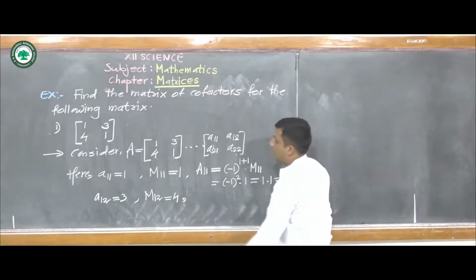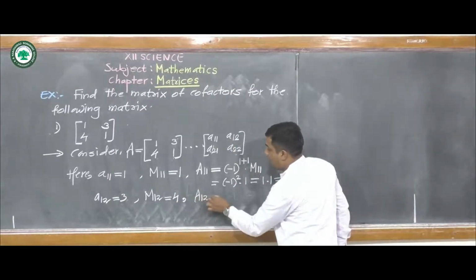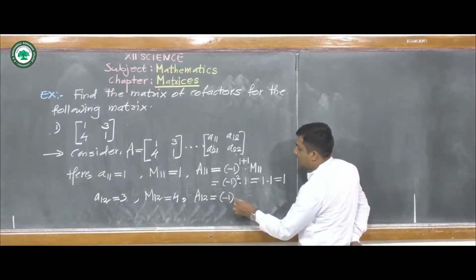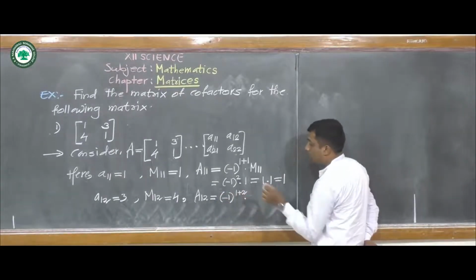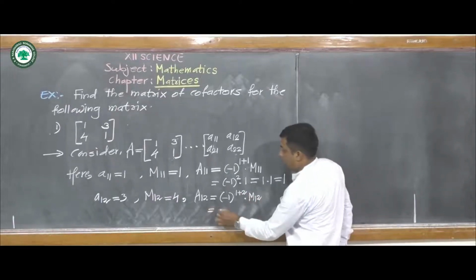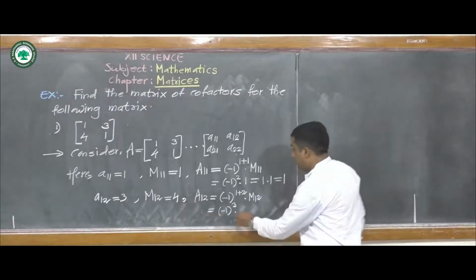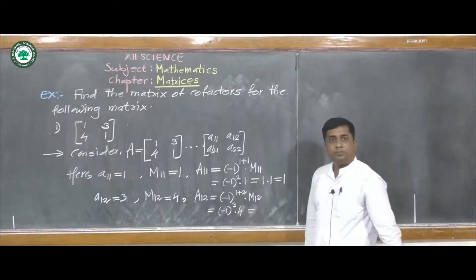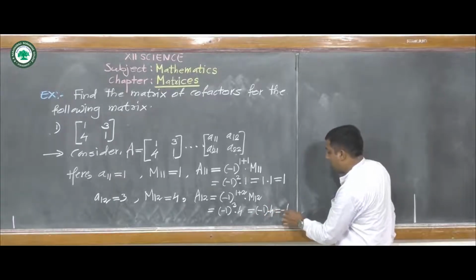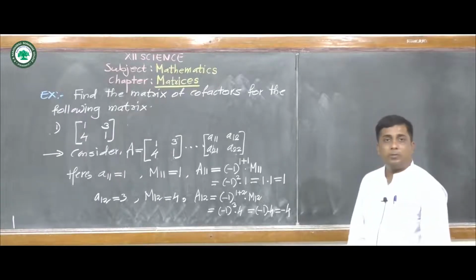Next, the cofactor for this element, denoted by A12, is minus 1 raised to 1 plus 2 into M12. This is equal to minus 1 cubed into 4. We know minus 1 cubed is minus 1, into 4, and lastly we get minus 4.